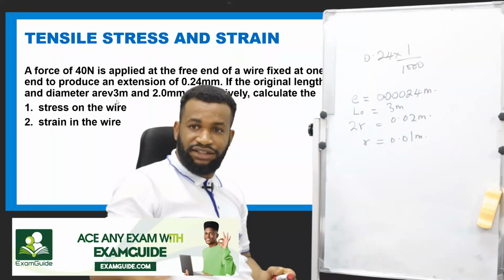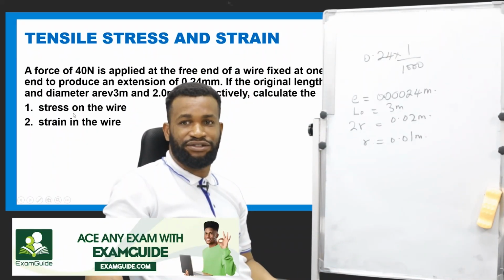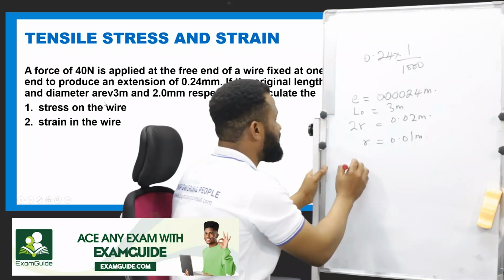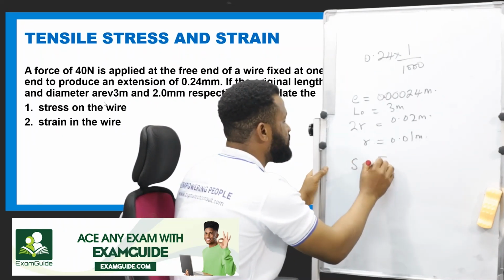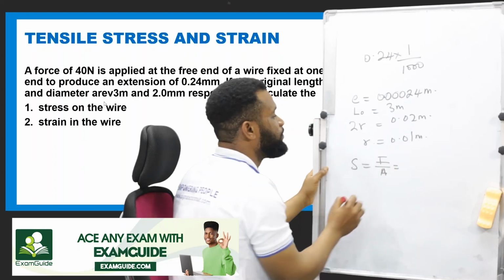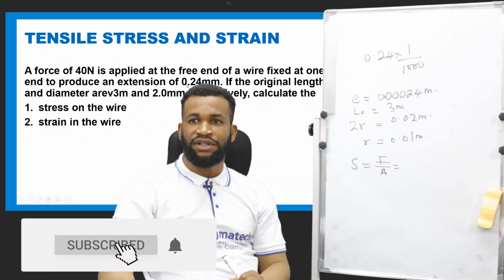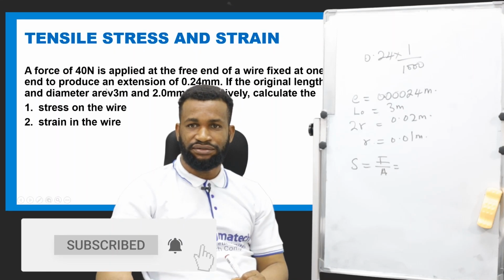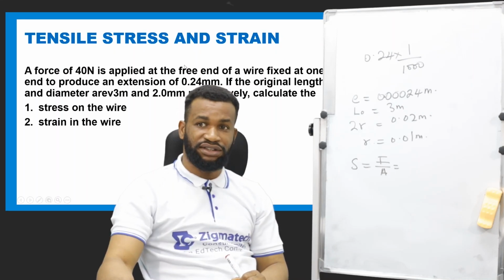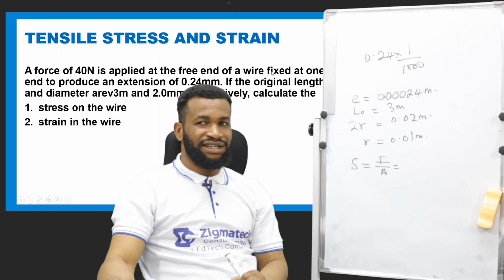Now, what are we to find? The first thing we are asked to find here is the stress on the wire. And we said that the stress is equal to the force all over unit area. Now, if you look at this question, they gave us diameter, extension, and original length. So it is a wire.